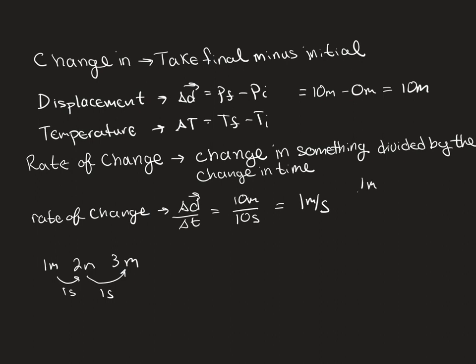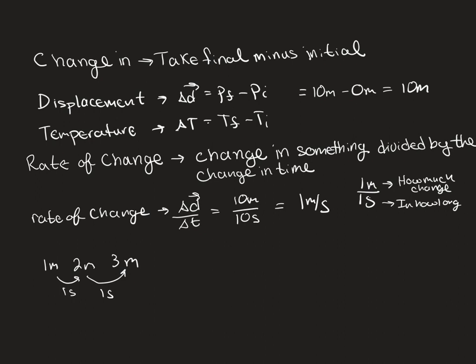Let me write this fraction a little bit differently. This is how much change, so 1 meter, and this is how long. Because we use SI units, that how long is often going to be understood to be 1 second.